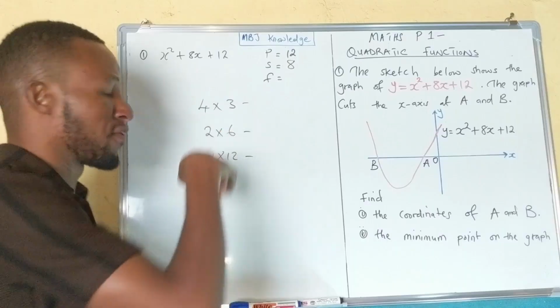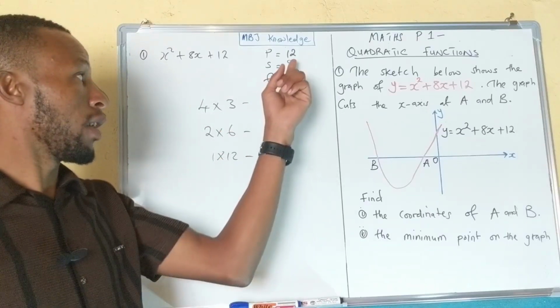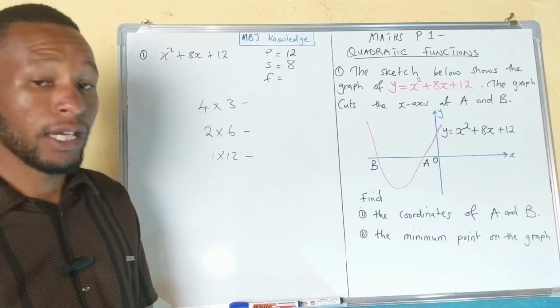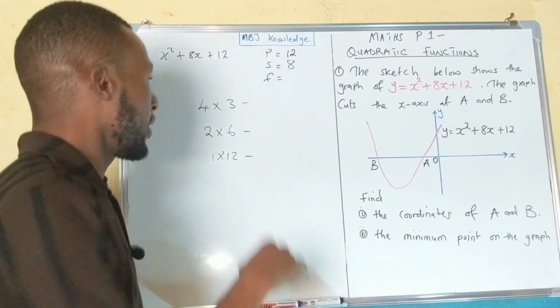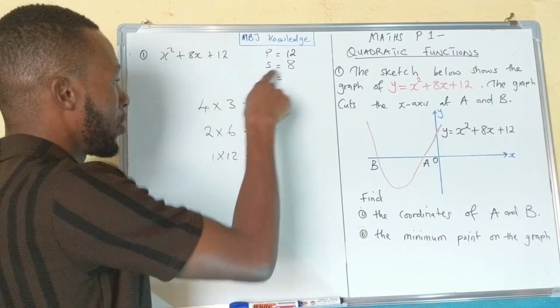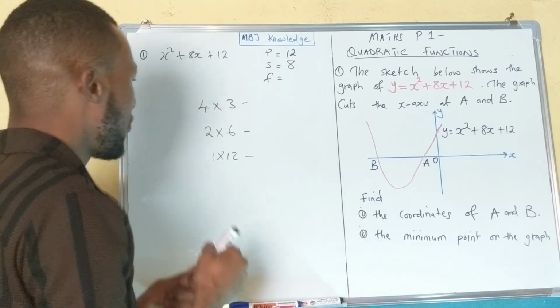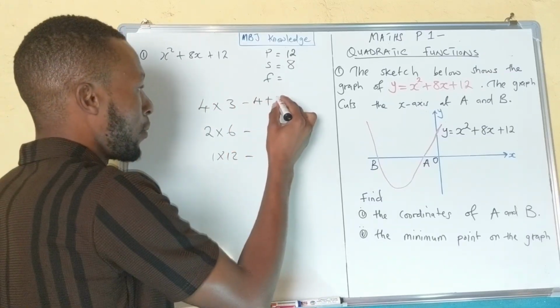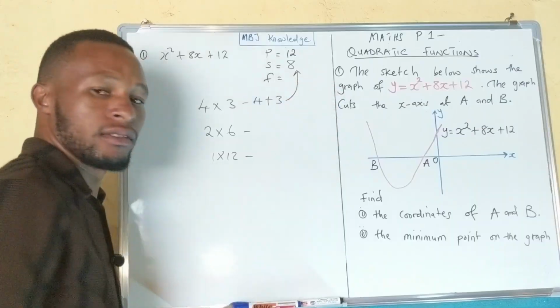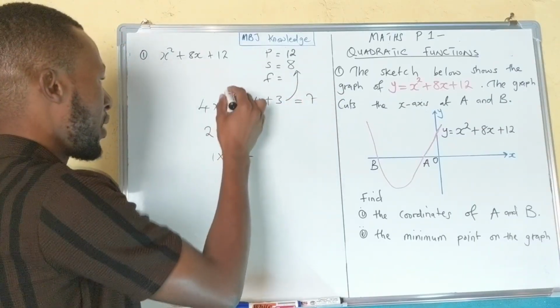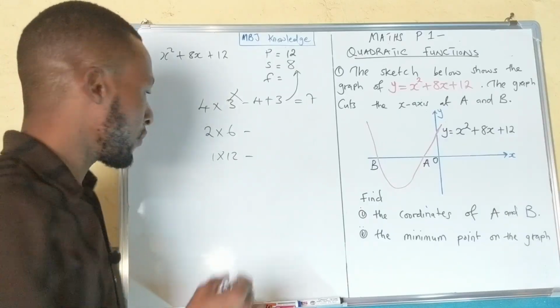Now, amongst these factors, I'm going to compare them with my sum. Sum means addition. So if I add 4 plus 3, is it giving me 8? You see that here it is giving me 7. So these are not the correct factors.